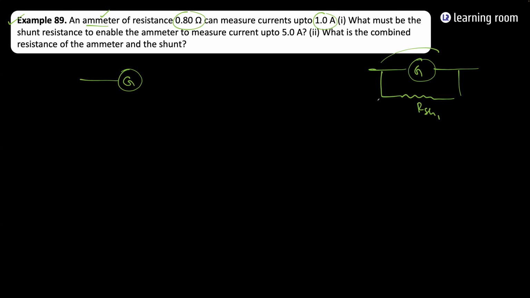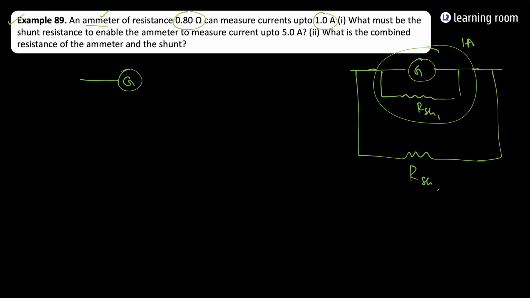Now this whole device acts as an ammeter measuring 1 ampere. Now you want to upgrade it. The current should increase to 5 amperes. So for that, across this circuit, you connect another shunt resistance, so that this whole device is able to measure up to 5 amperes.